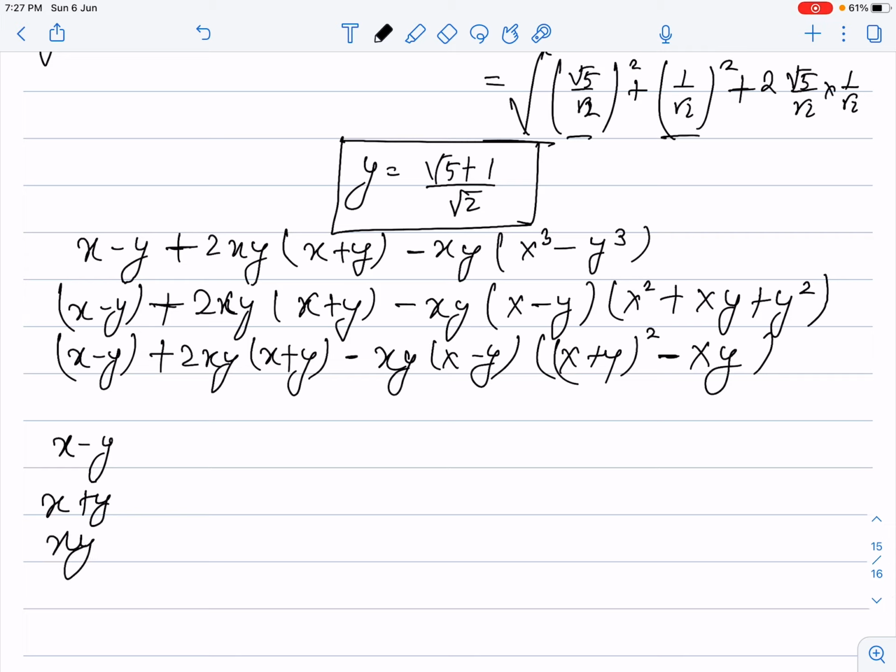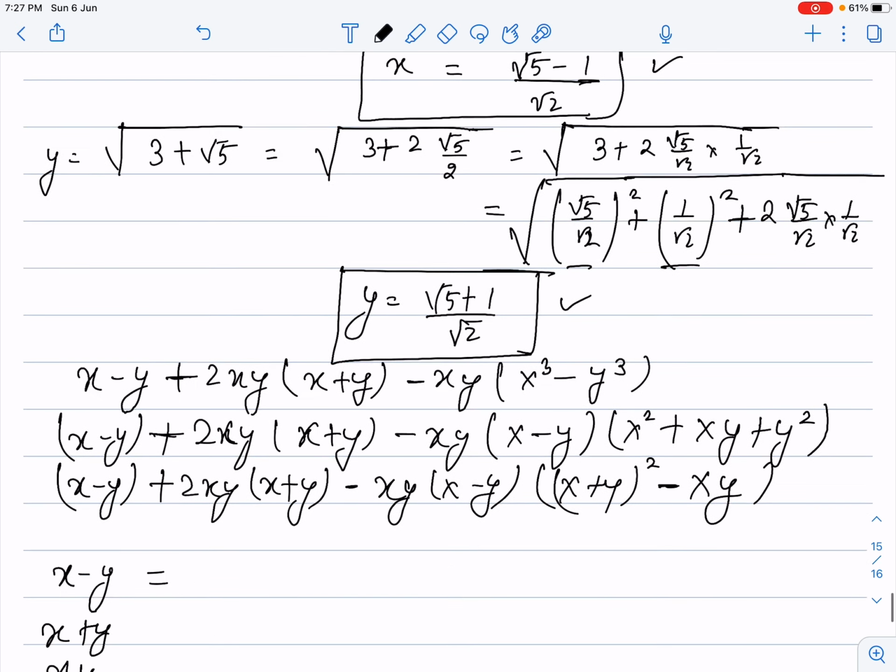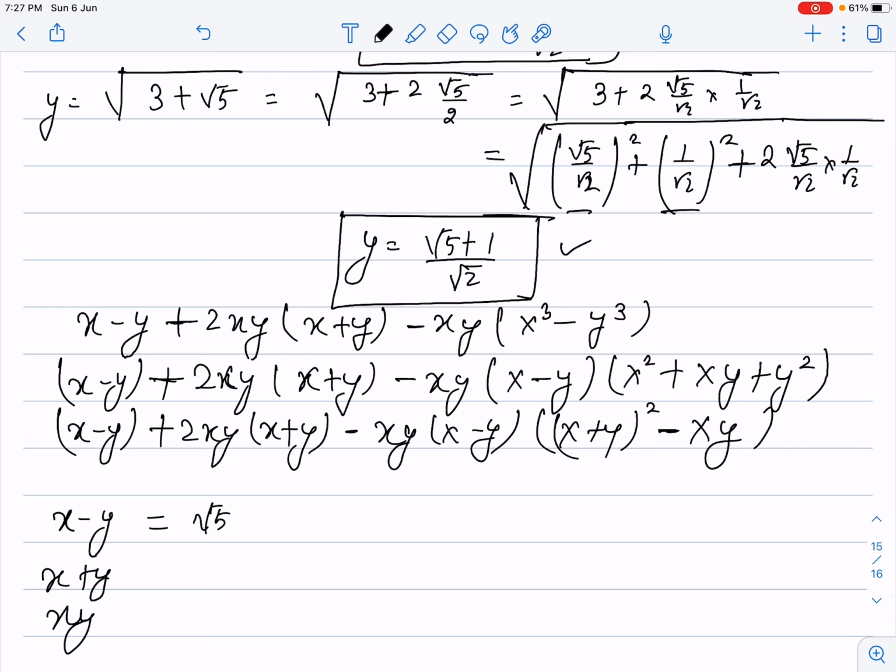So x minus y will become what? x is this, y is this. So root 5 minus 1 by root 2 minus root 5 plus 1 by root 2. Upon simplifying it will be root 5 minus 1 minus root 5 minus 1 divided by root 2.